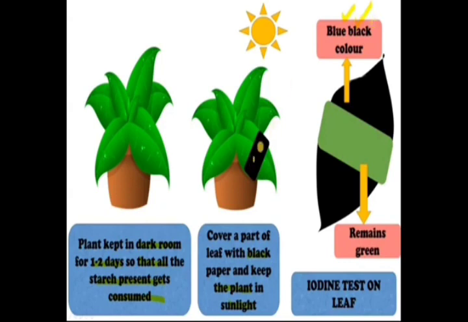Only in the presence of sunlight will photosynthesis take place. So this activity will easily tell you that without sunlight and without leaf, I mean chlorophyll, we cannot synthesize food.